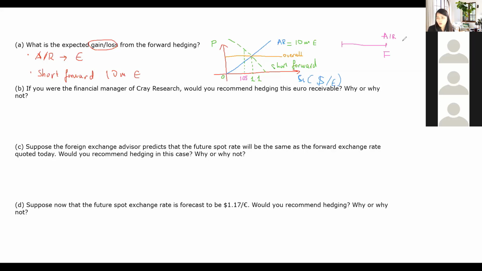Okay, so if I compare the unhedged position and the hedged position, the blue line here is the unhedged position, and this line here is the overall, which is the hedged position. Do I expect the hedged position to be better off or worse off?